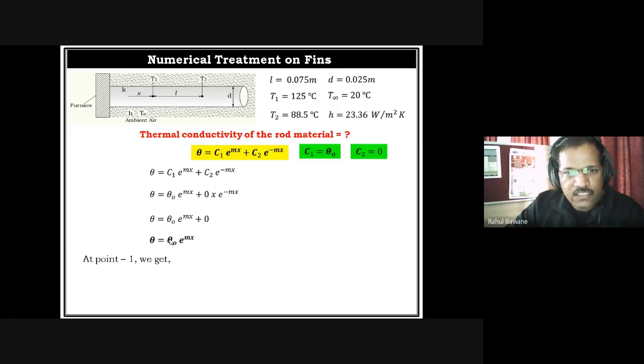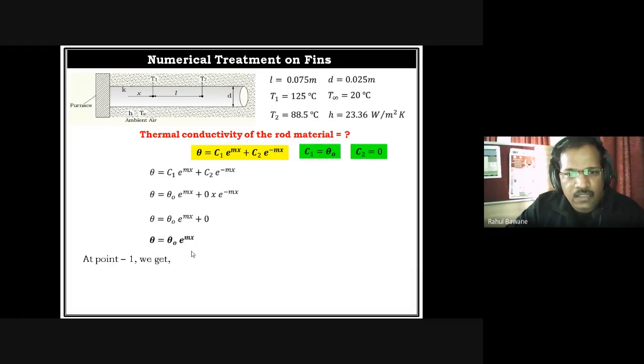Theta 0 is the excess temperature, and 0 means where x is 0. So theta 0 is at the base of the fin, where it is attached to the furnace wall. So theta 0, the excess temperature at the furnace wall, is T0 minus T infinity. What is theta? Theta is T minus T infinity.